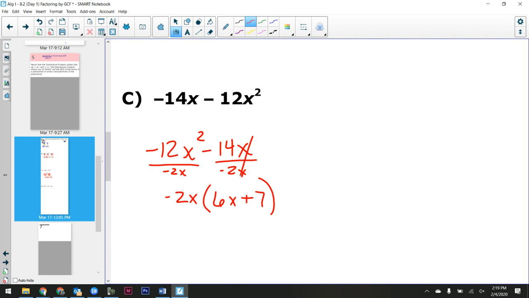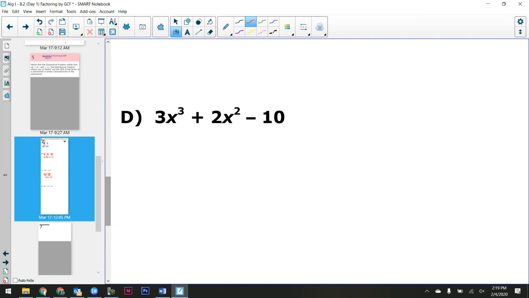Okay, let's keep it going. What do you notice about this one? 3's prime, 2's prime, 10's not prime, but what's my GCF of all those terms? 1. 1, right? Do they all have an x in common either?